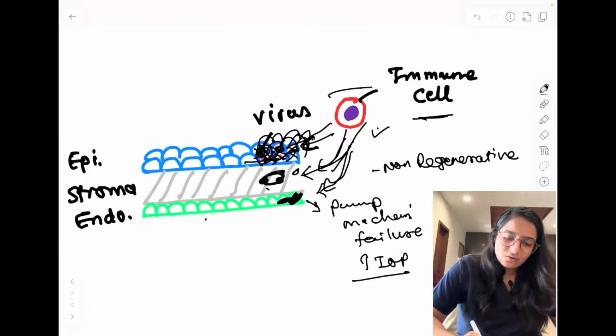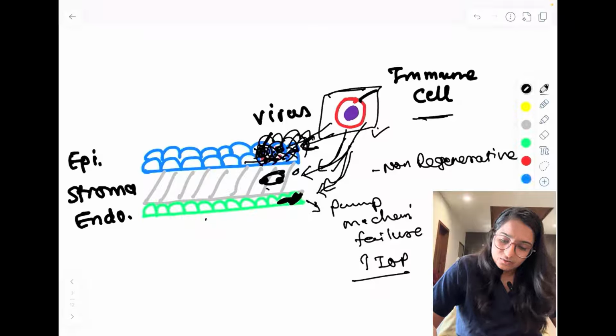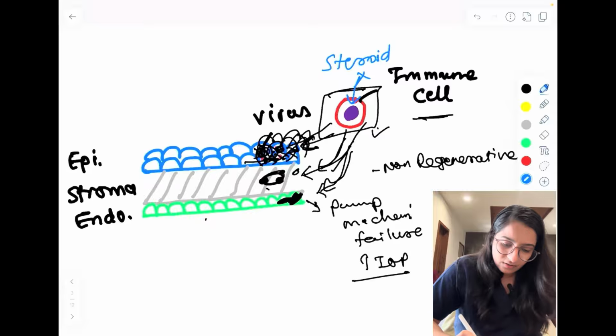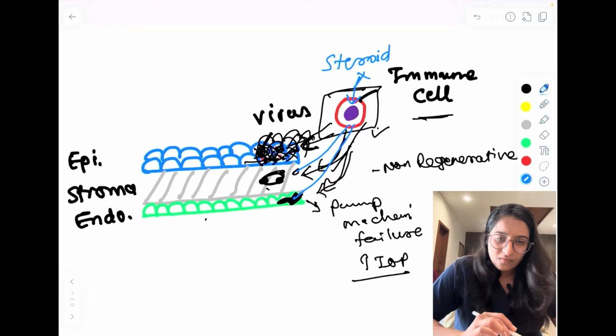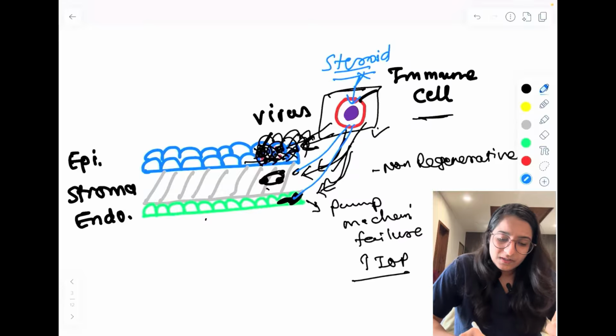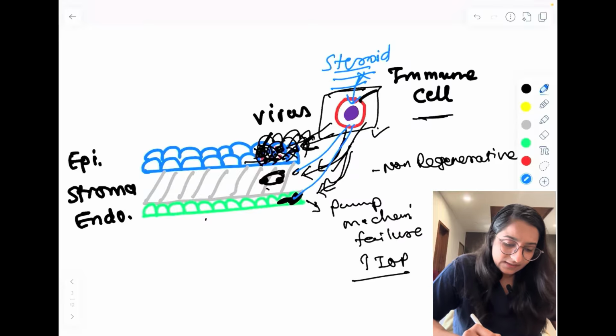So how to stop this immune cell? By the use of steroid drops. Okay, so steroid will inhibit this immune cell. So this immune cell will not further damage the stroma and endothelium. But we don't want this steroid to be used in case of epithelial disease.